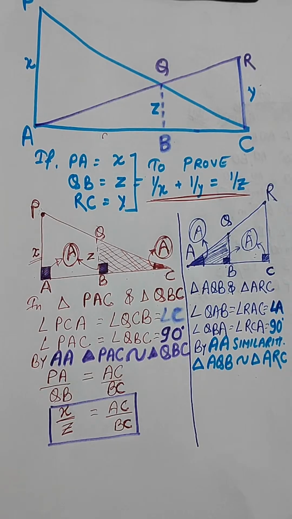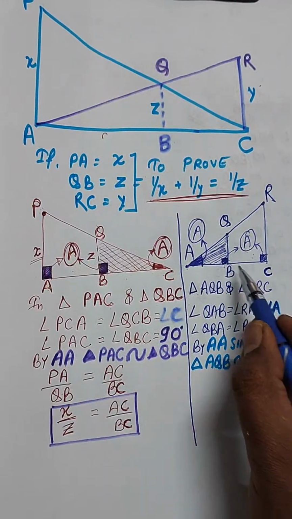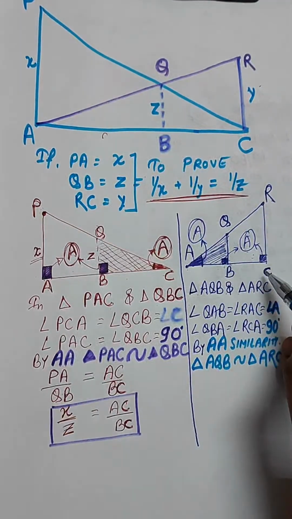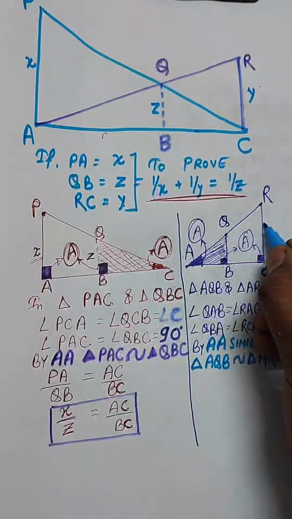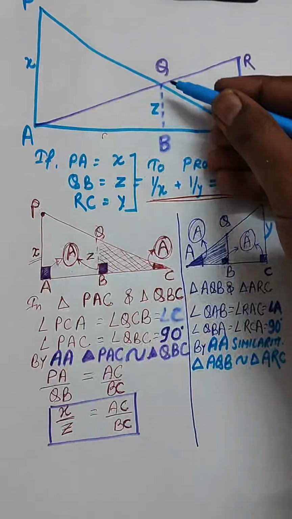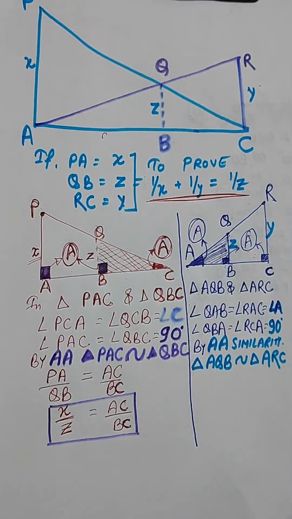we can write the ratios. You can see RC, we know the length of RC. This is Y. We know the length of QB. This is Z. Right?